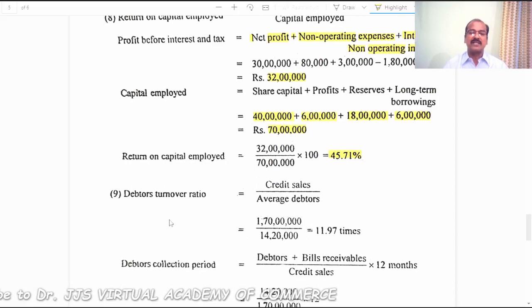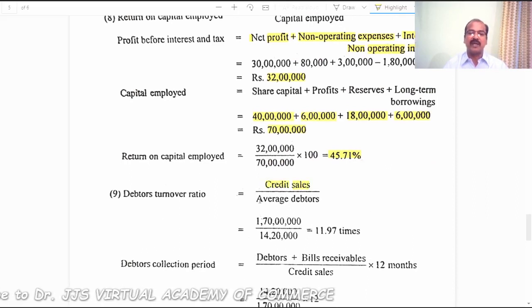Then regarding debtors turnover ratio, credit sales divided by average debtors. In the absence of information related to credit sales and cash sales, you assume the total sales as credit sales. That is what is done here. 1 crore 70 lakhs in total is treated as credit sales, divided by average receivable, that's nothing but debtors plus bills receivable.